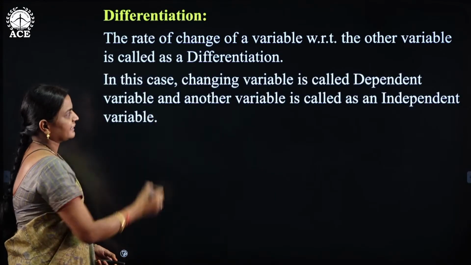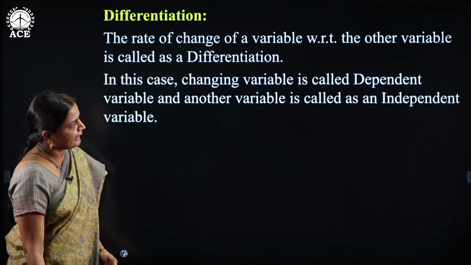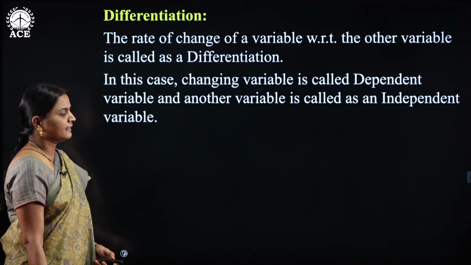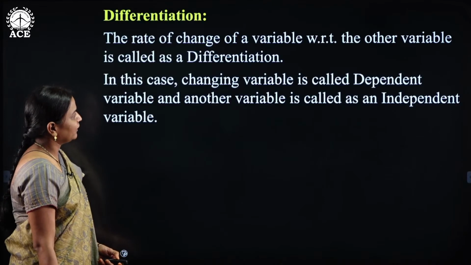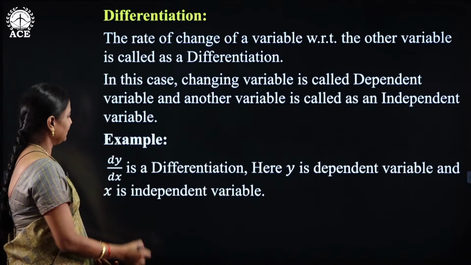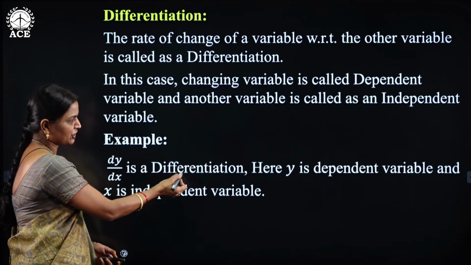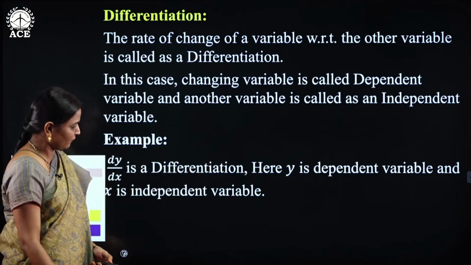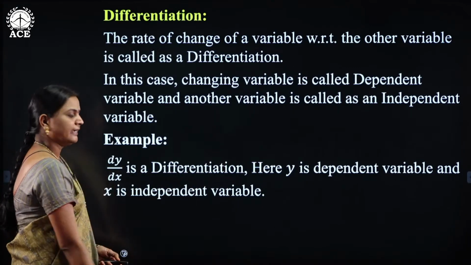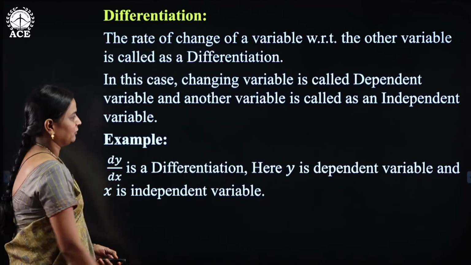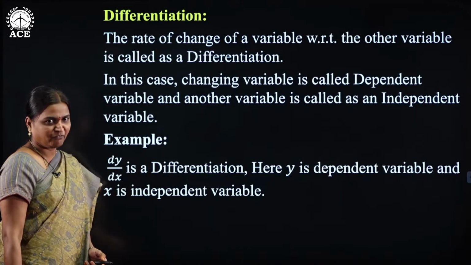So the changing variable is called the dependent variable, and the other variable is called the independent variable. For example, in dy by dx, y is the dependent variable and x is the independent variable. So this is the definition of differentiation.